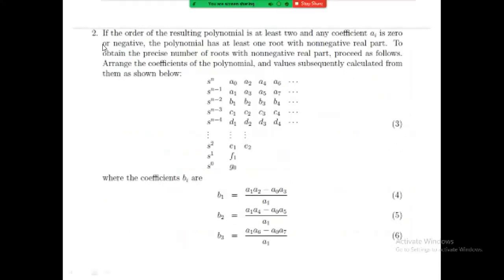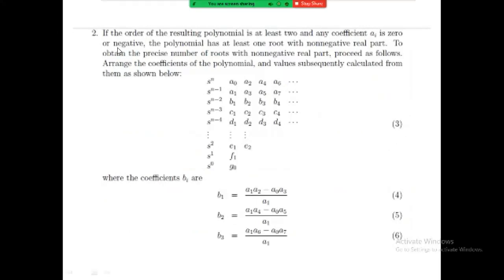One more thing is that whenever we arrange this matrix, it should be noted that the powers of s should be from n to 0, meaning we should arrange from maximum to minimum, and it should be kept in mind that the first coefficient a0 should be 1.